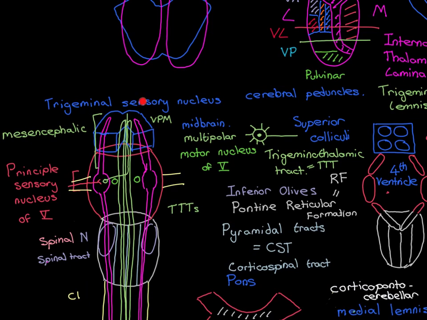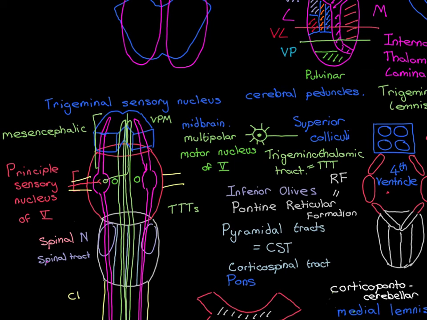So sat on top then of the midbrain, we know are the two thalami. This trigeminothalamic tract here on the left-hand side is going to go up to the left ventroposteromedial thalamic nucleus, which is in this position. The right trigeminothalamic tract will go up to the right ventroposteromedial thalamic nucleus. And there they will synapse onto the third-order neurons.